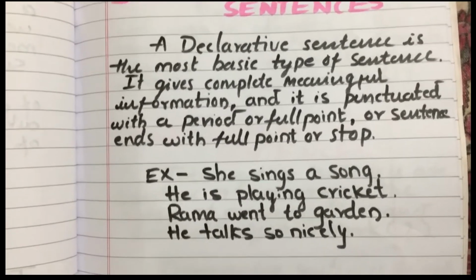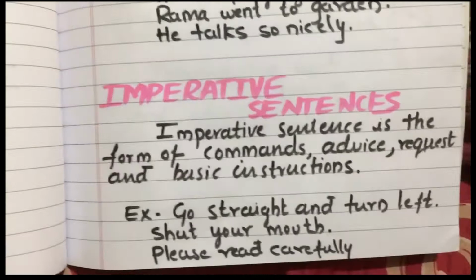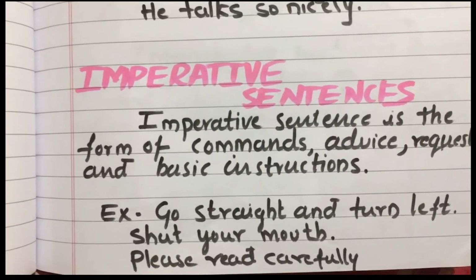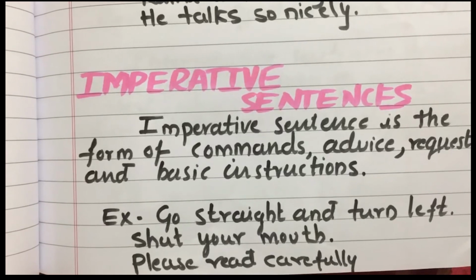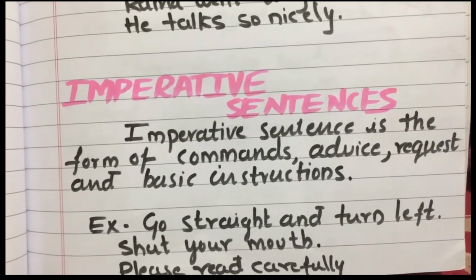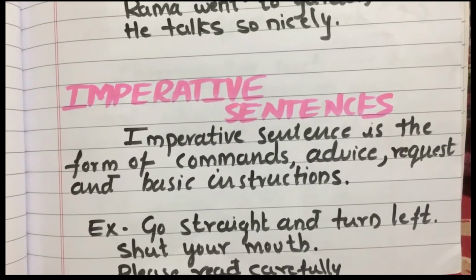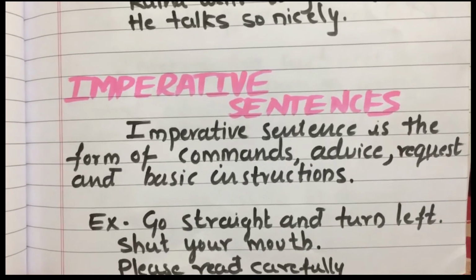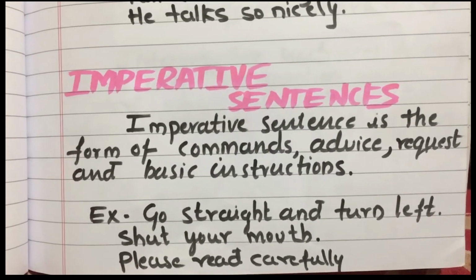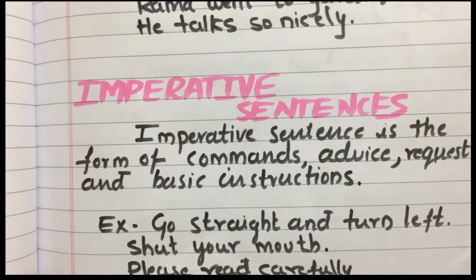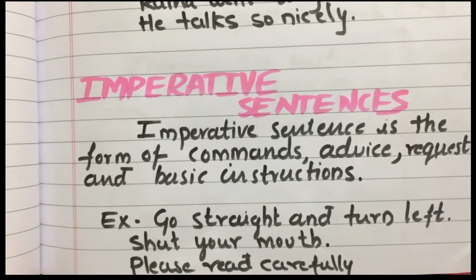Next one, imperative sentences. What type of sentences belong to imperative sentences? Now see here the definition of imperative sentences. An imperative sentence is the form of commands, advice, requests and basic instructions.